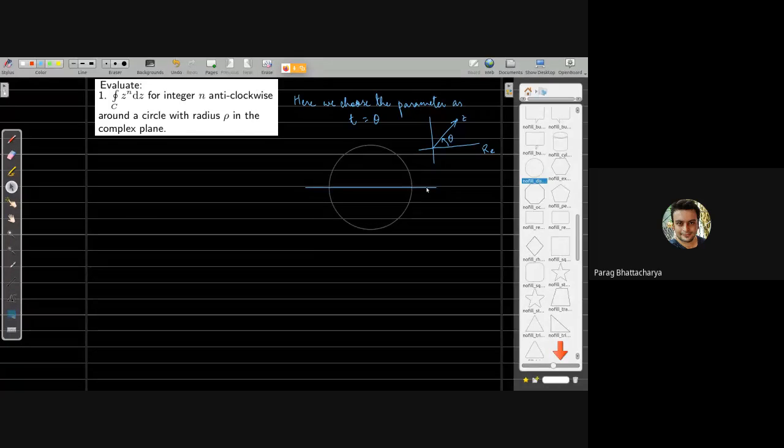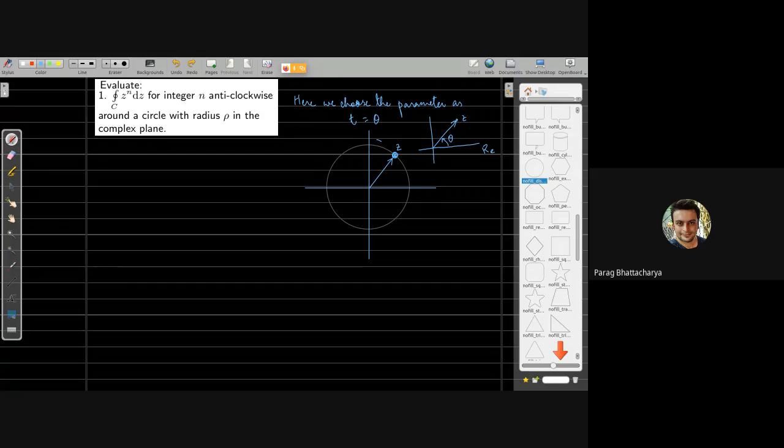So let's say this is a circular path. As you move along this path, I take some point z, and I'm moving along this path in the anti-clockwise direction.